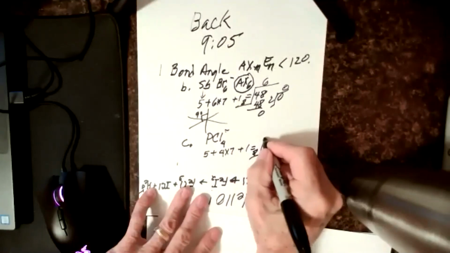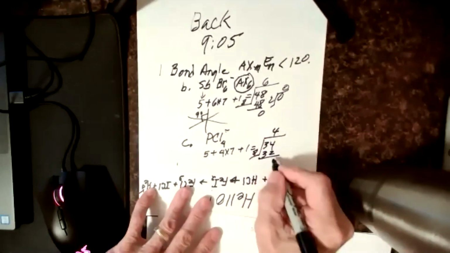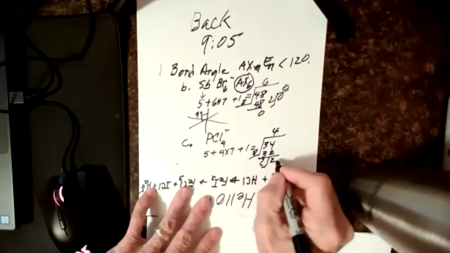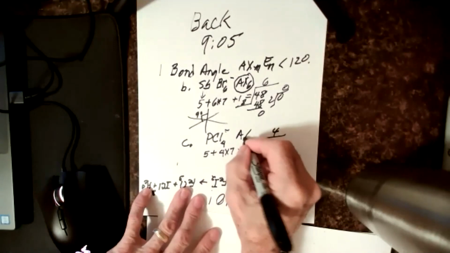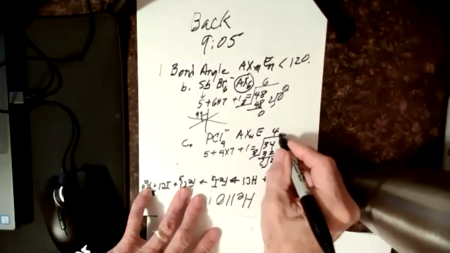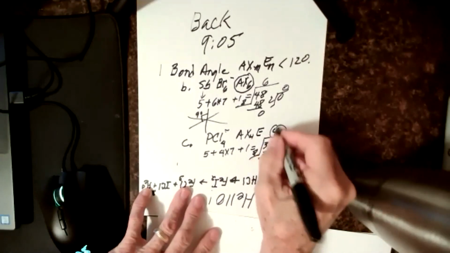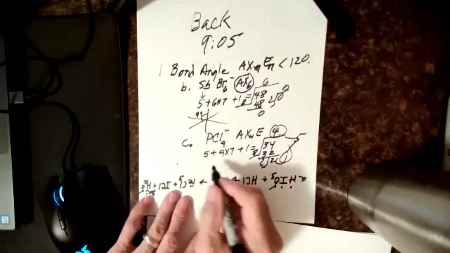Divide that by 8. It will go 4 times, 32. And 2 divided by 2 is 1. So this one is an AX4E. So 4 plus 1 is 5. So that is a trigonal bipyramid.